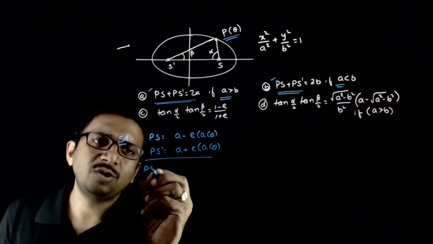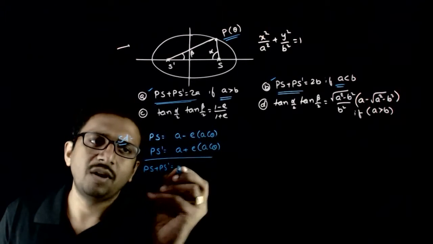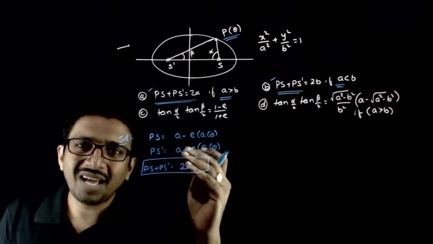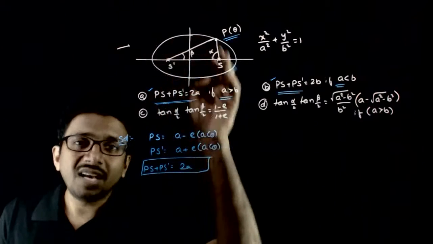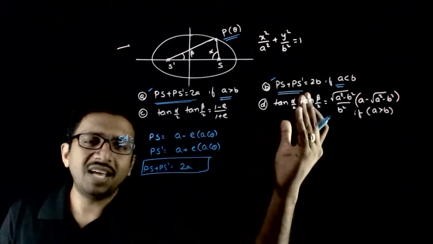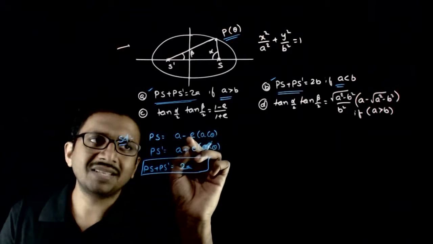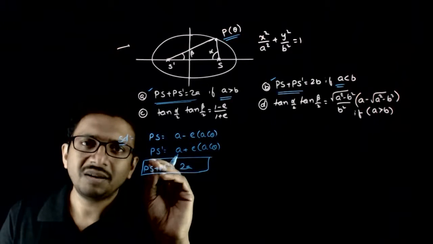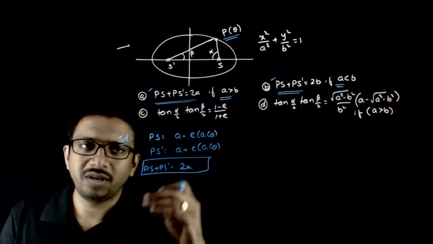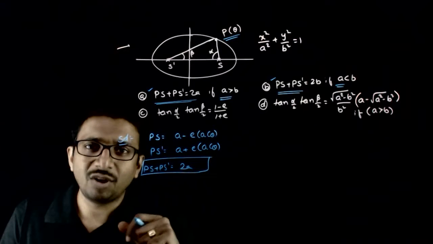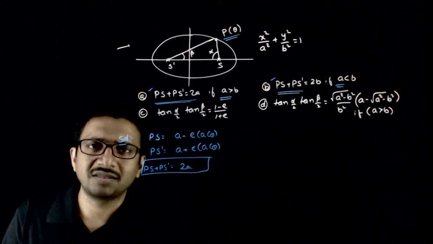If you add these two, PS plus PS dash will always be equal to 2A, if A is greater than B, if the ellipse is in the direction of X. If the ellipse is in the direction of Y, the focal distances will be B minus E times the y coordinate and B plus E times the y coordinate. In that case also PS plus PS dash will be equal to the length of the major axis. So these two are right answers.